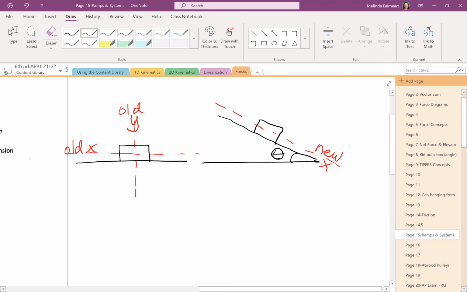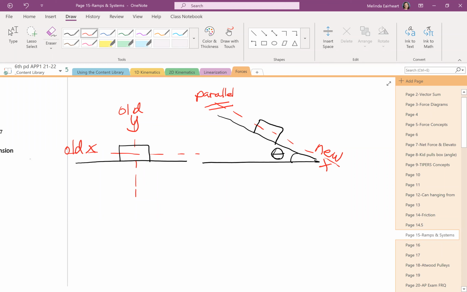New X is also parallel to the surface. Two parallel lines. I say that because some people like to just say new X, old X, X is X. Personally, ramps are such a special case, and I want you to know that it's a special case. I'm going to be using the subscript parallel, but feel free to use X if you want.